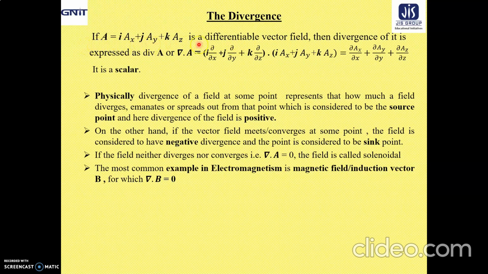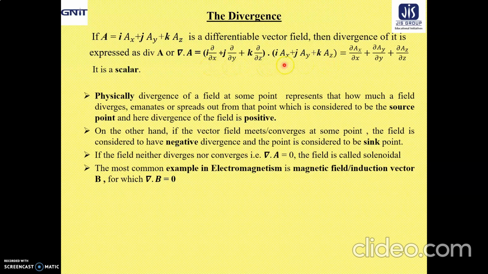Then the divergence of this vector field is expressed as div A, where A is a vector written in bold, or del dot A. So del dot A means i cap del/del x plus j cap del/del y plus k cap del/del z, dot A, where A means i Ax plus j Ay plus k Az.